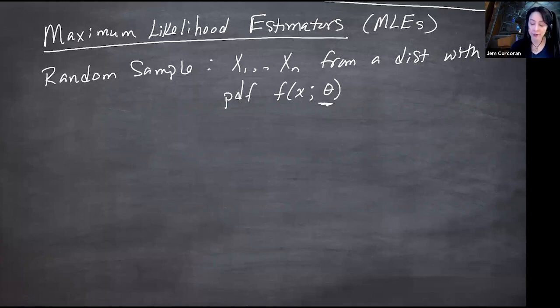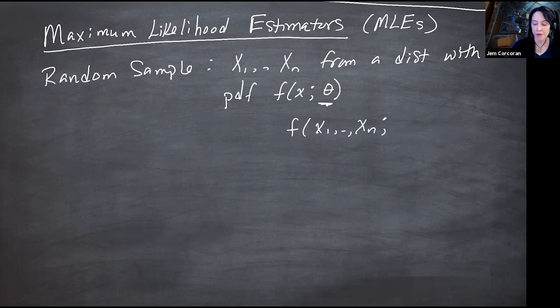The reason I'm using a semicolon and not a comma is because we are eventually going to be talking about a big joint PDF of something that involves multiple parameters. And so the semicolon separates the arguments of the PDF from the parameters, whereas everything else is separated by commas.